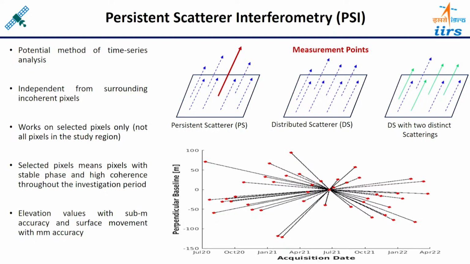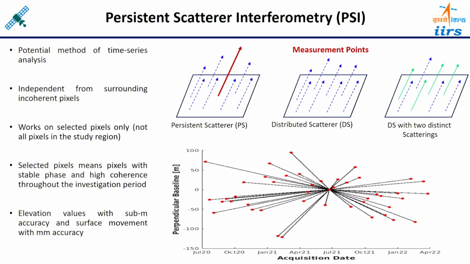Then what you can do is relax the criteria, like the coherence criteria. Instead of considering only PS, because PS are not available, you can set a lower threshold value on the coherence. Then you can also include moderate coherence points, which means you are including DS points, and then you can do some analysis. But this is again up to a certain extent; you cannot relax your coherence criteria so much.